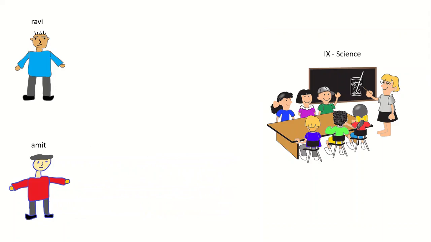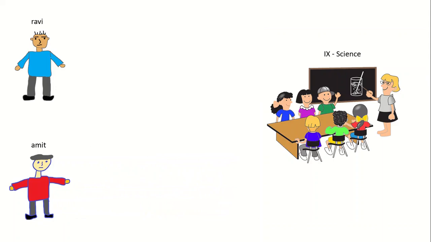After some time, a student raises his hand and asks, what marks did I get in science? He is asking the teacher, and after some time the teacher gives the answer.